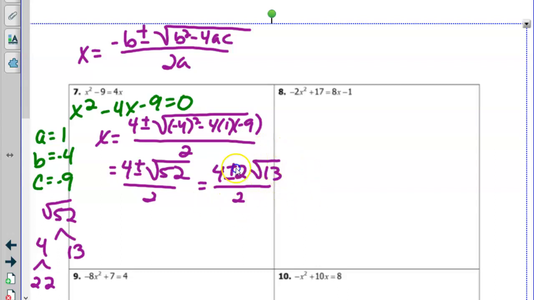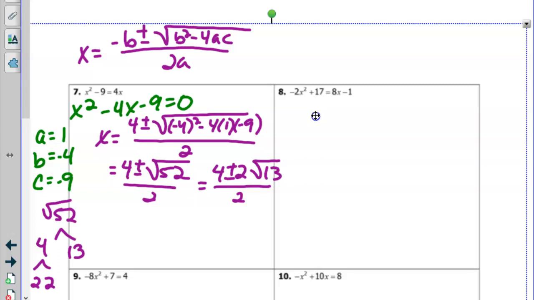All right, now how do I reduce this fraction? How do I reduce it? Kayla, what's your thought? I'm thinking that we add 4 to the 2 and we keep the square root there because we can really not do anything with that. Let's not do that.